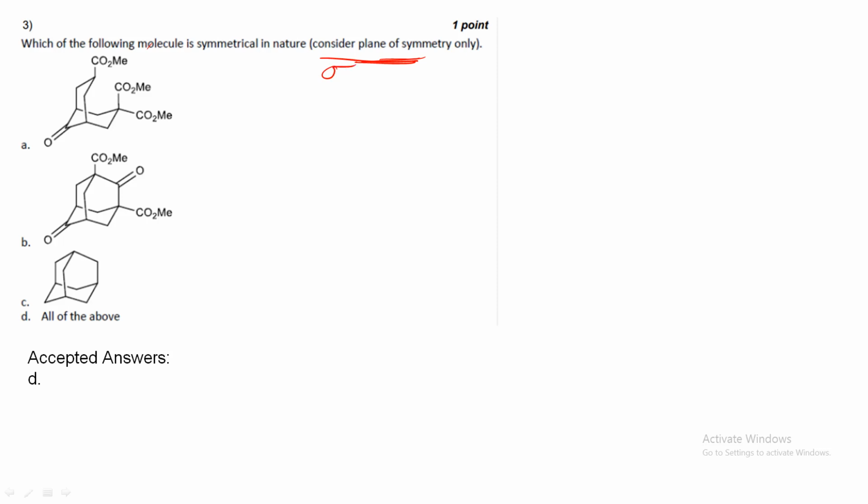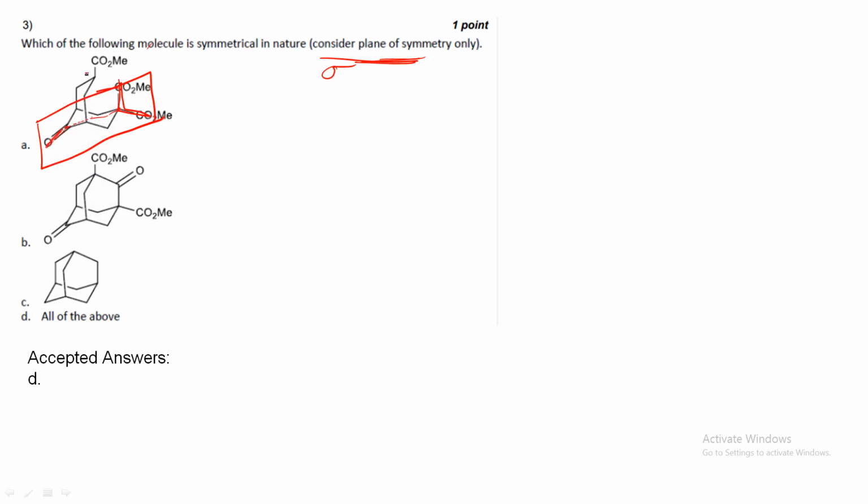Now for this case, with this particular plane, we have a sigma plane, and it goes via this carbon atom and this carbon atom, and it contains these two CO2Me groups, and this CO bond also.